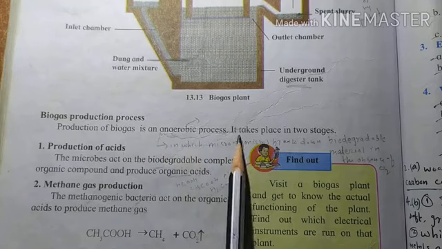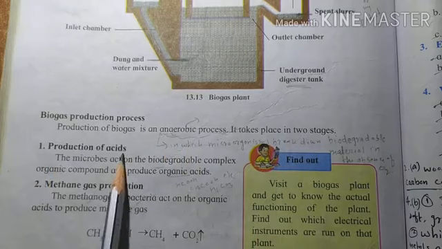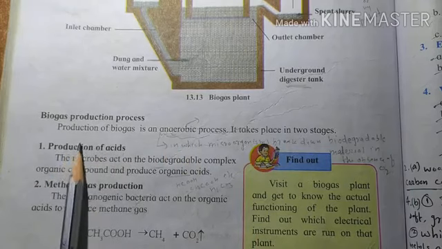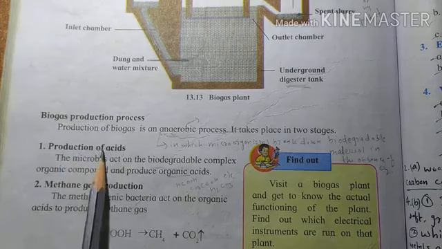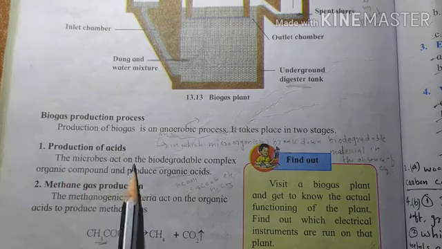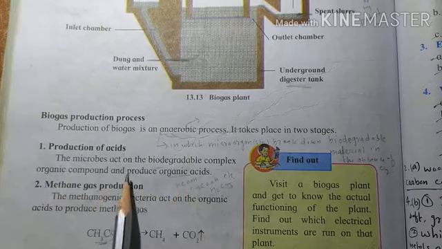It takes place in two stages. In the first stage, production of acid. We generally produce organic acid, like acetic acid. The microbes act on the biodegradable complex organic compounds and produce organic acid.